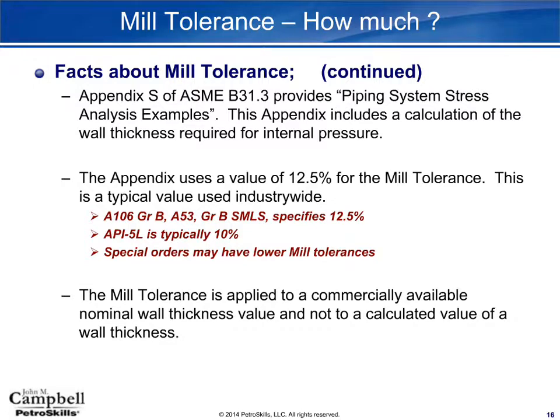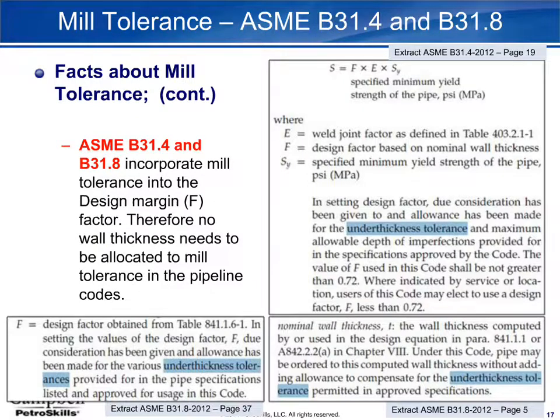What I want to talk about is the reflection to the pipeline codes, B31.4 and B31.8. And here there are clear statements. You can see I've grabbed extracts from B31.4 and B31.8 here, and I've tried to add the locations of where I'm pulling those extracts from the codes.